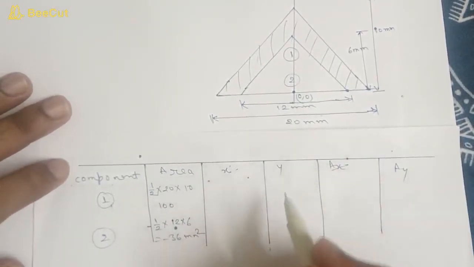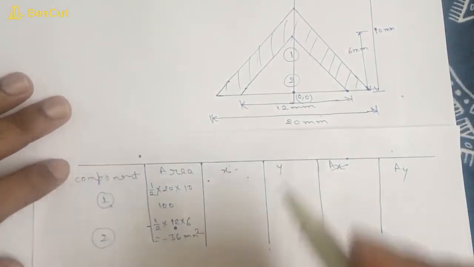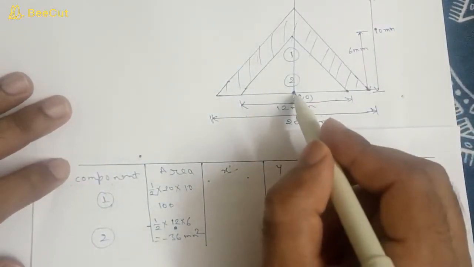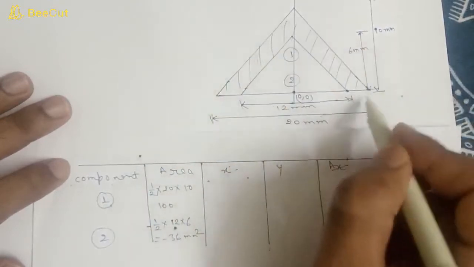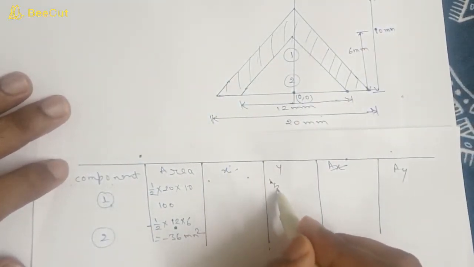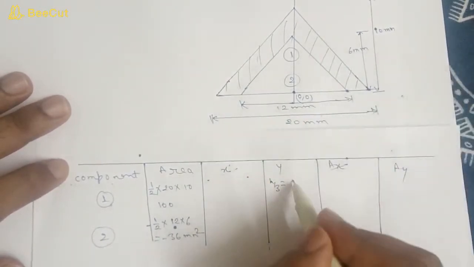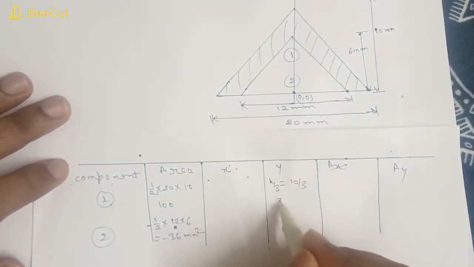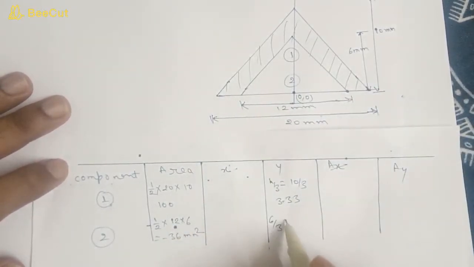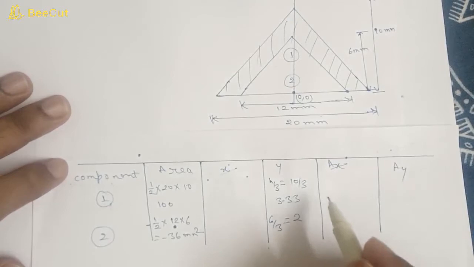So what will be the y coordinate of the centroid? You know that this is a triangle, so the distance of the centroid of this type of triangle from the base is h by 3. For the larger triangle it will be 10 by 3, so we will get 3.33, and for the smaller triangle we will get 6 by 3, so we will get 2 mm.